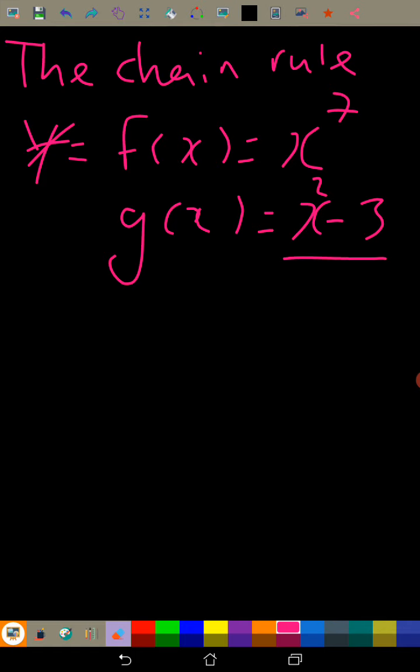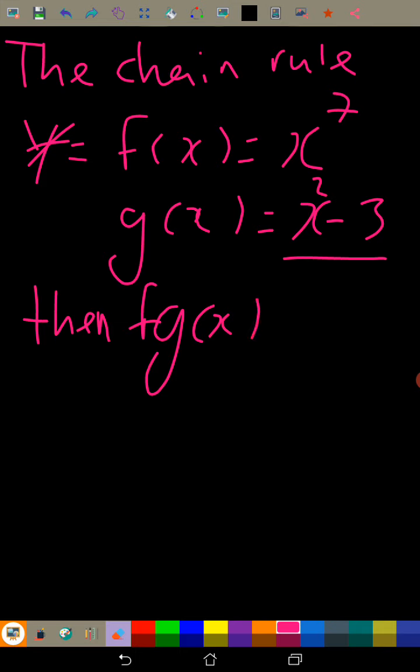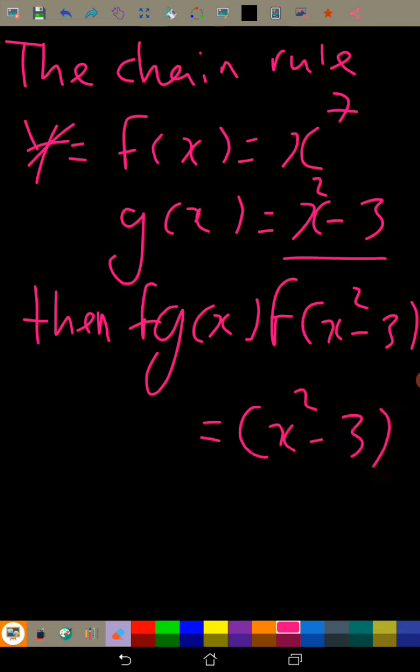So we have an expression here. Then we can have f of g(x), which is the same as (x squared minus 3) to the power of 7.